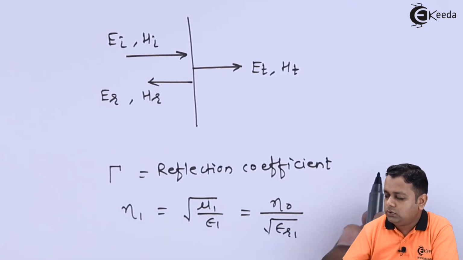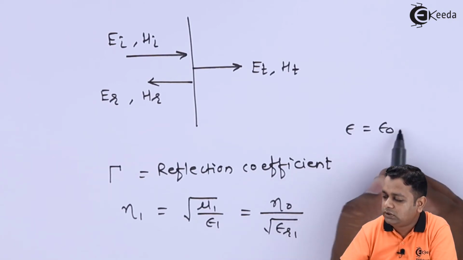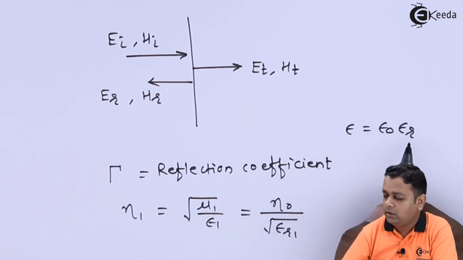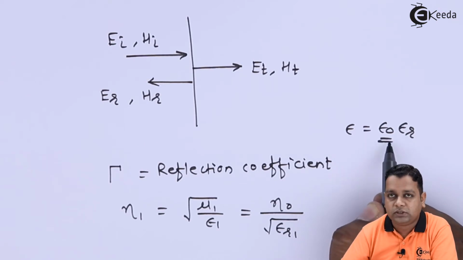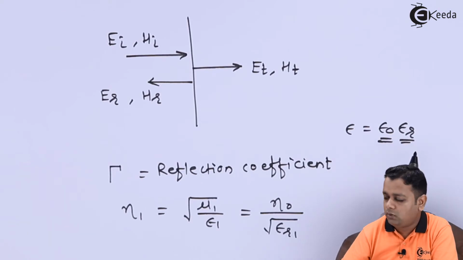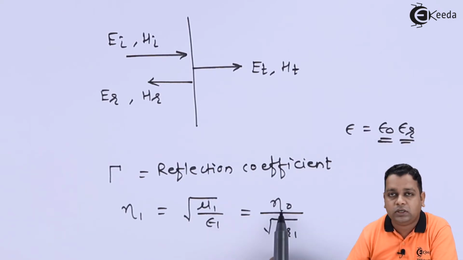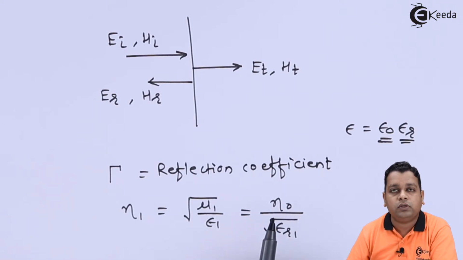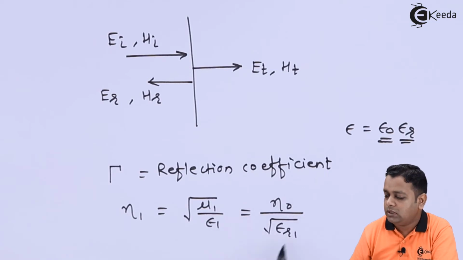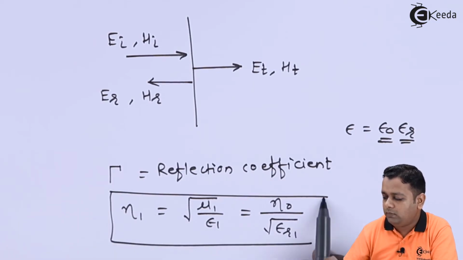Generally we have permittivity epsilon equal to epsilon 0 times epsilon r. So epsilon 0 is for the free space condition or air, and epsilon r is the relative permittivity constant. If you account epsilon 0 into this eta 0, the intrinsic impedance for the free space, the value you can put as 377 ohms. So that will be the formulation for eta 1.